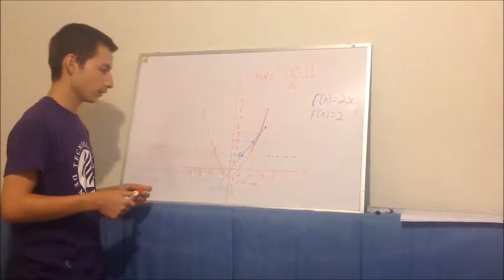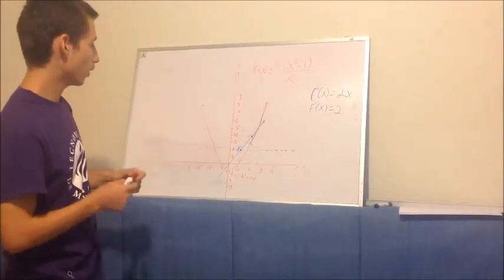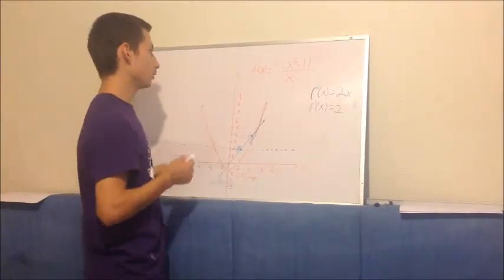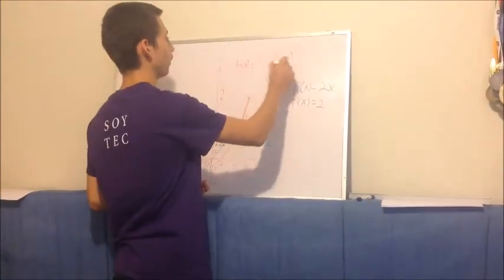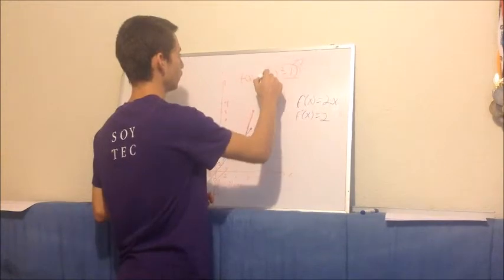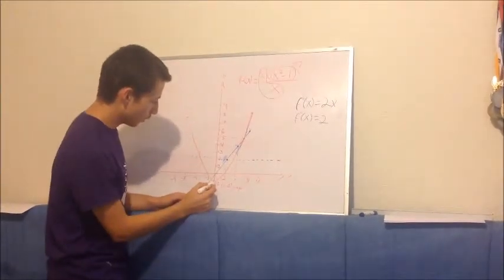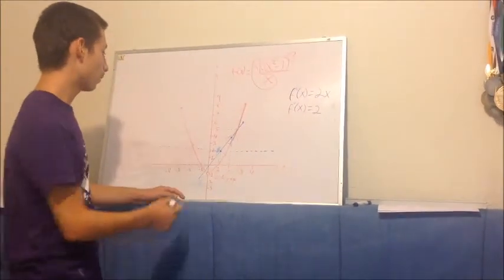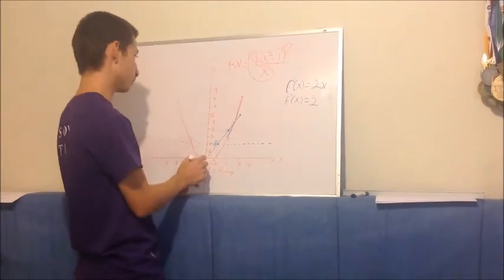The graph is this, because it's a parabola and takes one gap, and the parabola comes to infinity.